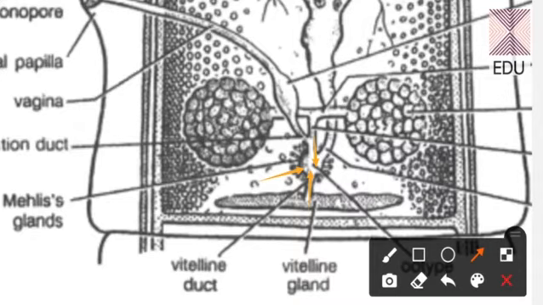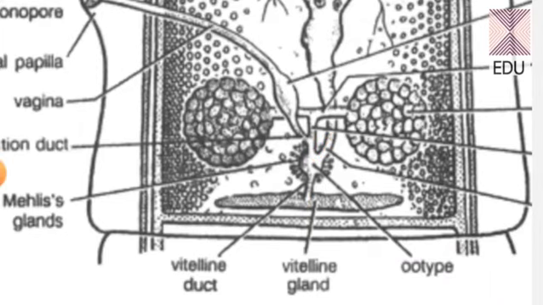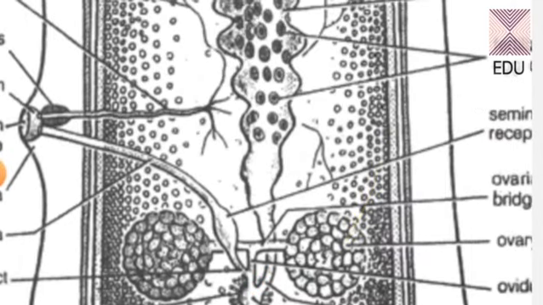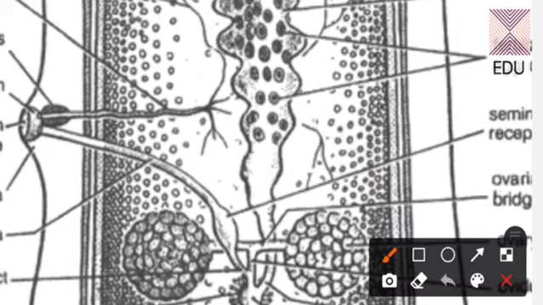Now this capsule goes up into the uterus in this direction. So after the formation of the egg capsules, they go to the narrow part of the uterus, and after going into this narrow part, they go to the broader part and they are stored over here.